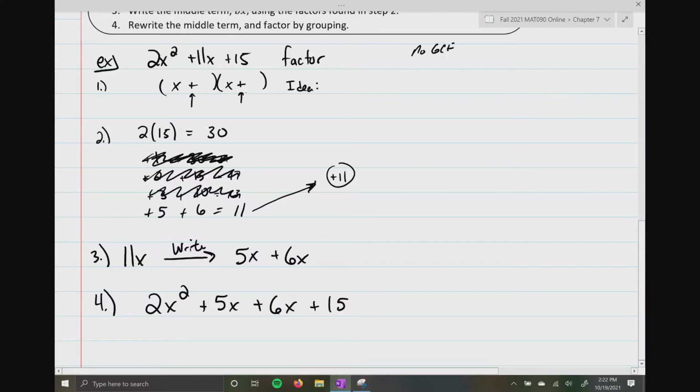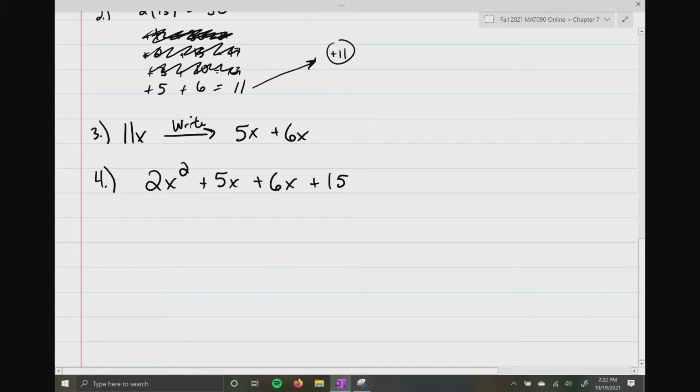Because now I'm going to factor by grouping, which we learned in the very first lecture video. Step 1, we group the first set of terms. We group the second set of terms. Remember, that middle sign is not grouped. Also, that middle sign is positive, so I don't have to worry about anything. Now we're going to find the little mini GCF for this first group of parentheses, and that's going to be an x, so I can factor that out.